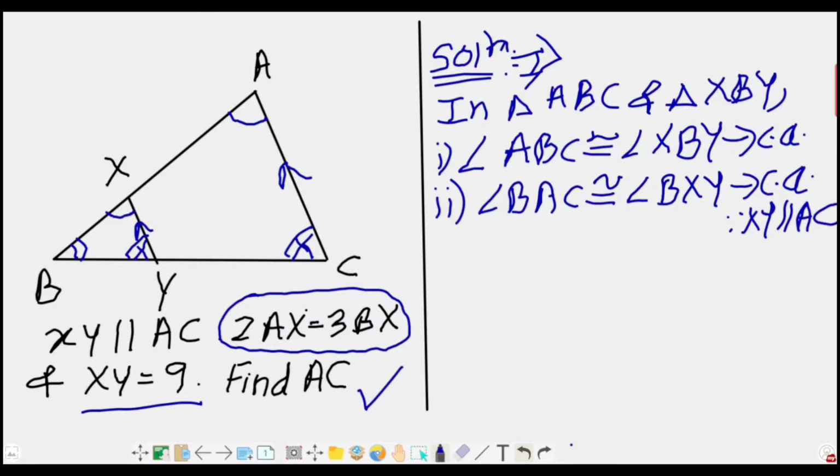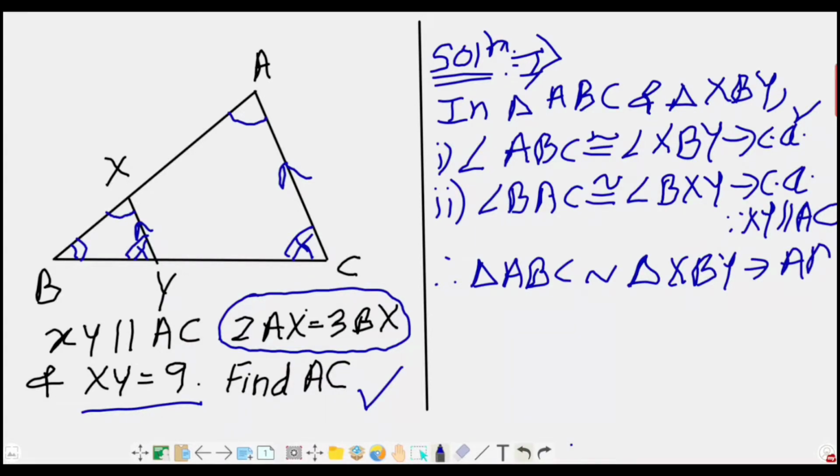That's why it is corresponding, but this first one is a common angle. So your triangle ABC is similar to triangle XBY by which test, students? AA test of similarity. Now once the triangles are similar, their ratios are the same.